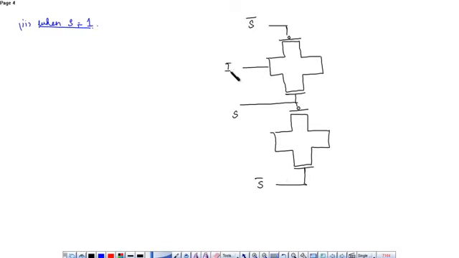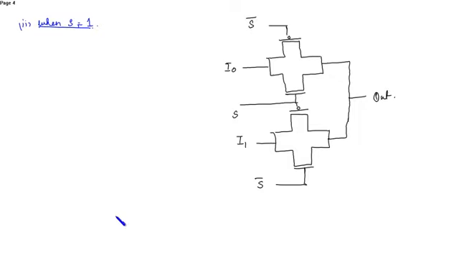This is I0 and this is I1. Output out. So now this is P1, N1, P2, N2.